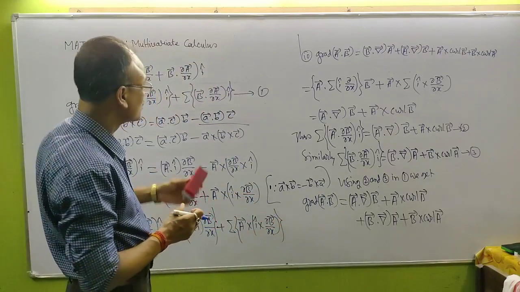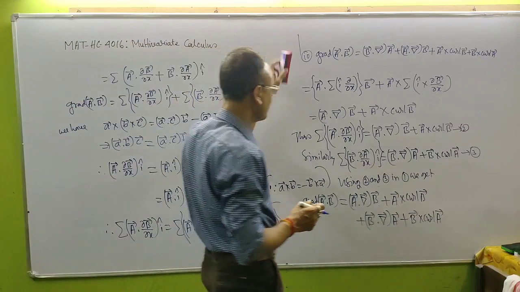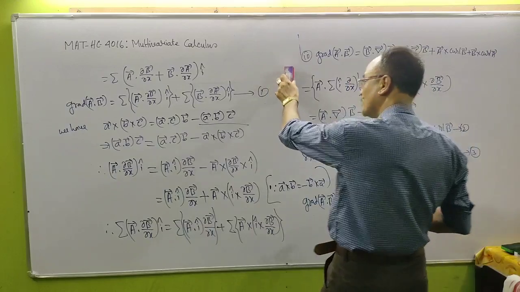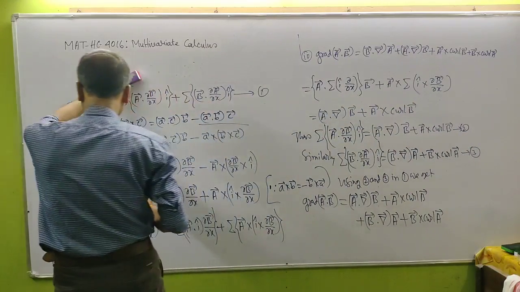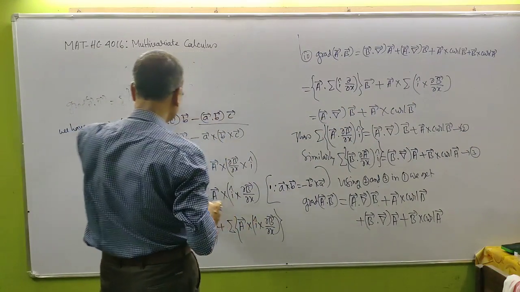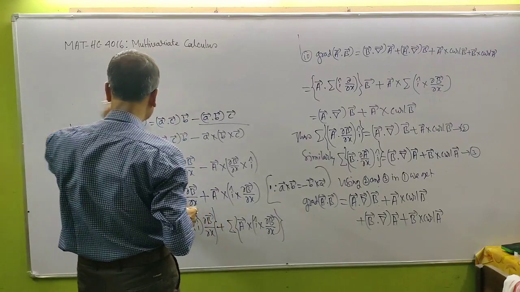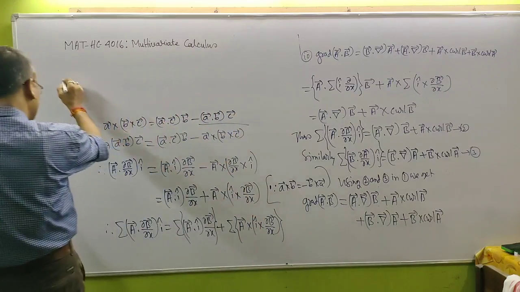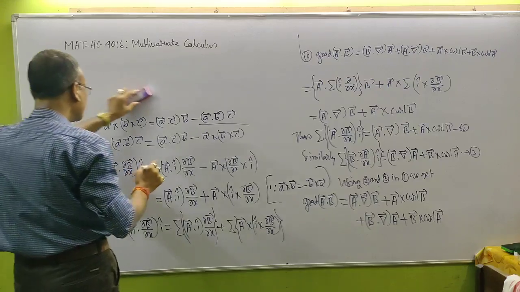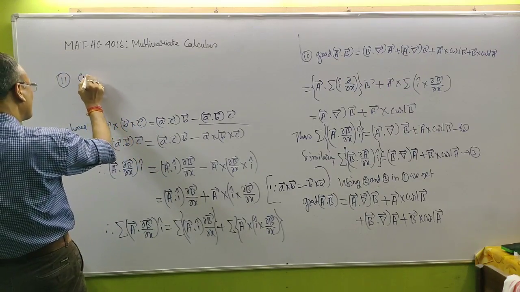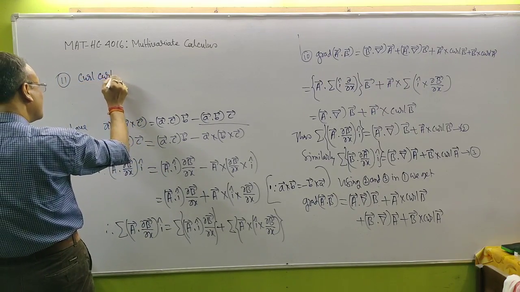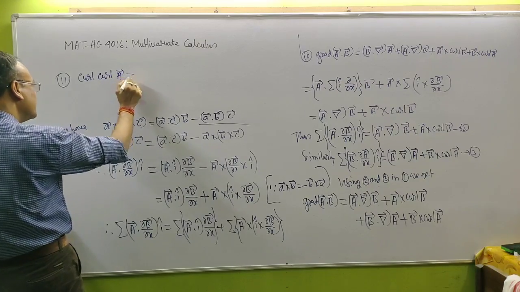Let us try to solve vector identity number 11. We have solved this one. Vector identity number 11. What is this? Curl of curl of A vector.